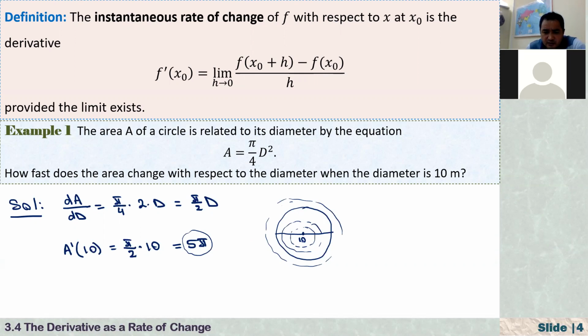So the question is asking, if it is getting bigger and bigger, and the area of the circle is related to that by the equation, how fast does the area change with respect to the diameter when the diameter is 10 meters?